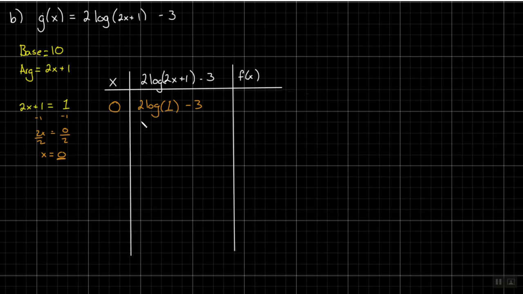Okay, so this is 2 times, and we're going to think about this. 10 to what power gives me 1? 0. Because 10 to the 0 is how I get 1. What's 2 times 0? Minus 3. There's my first point.